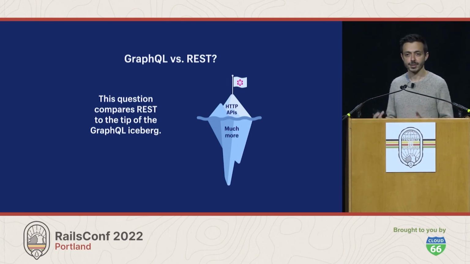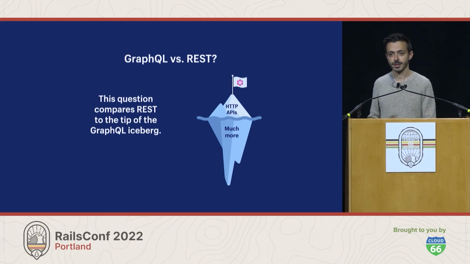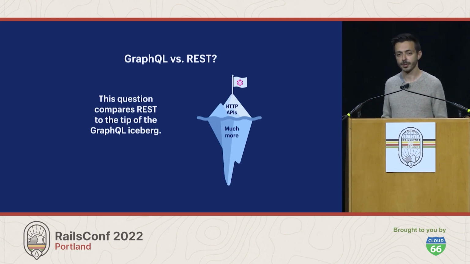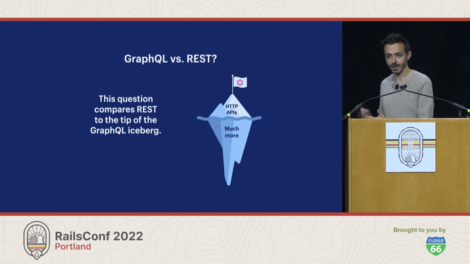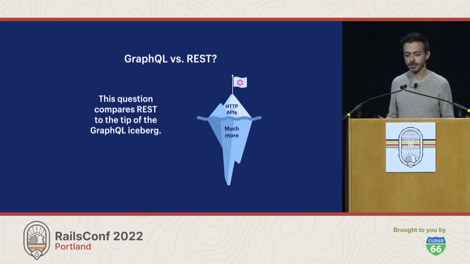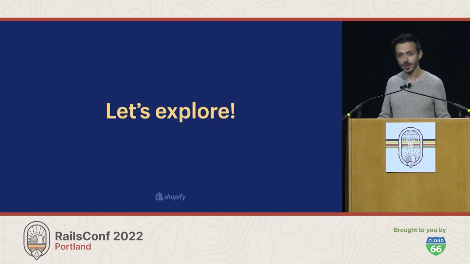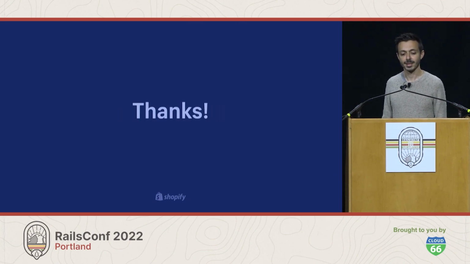GraphQL is not just a replacement for REST. There are a lot of possibilities for GraphQL. So when you're comparing GraphQL to REST, you're comparing REST to the tip of the GraphQL iceberg. And there's a lot to explore there. So I invite you to explore GraphQL a lot. There's a lot to discover. And thank you.